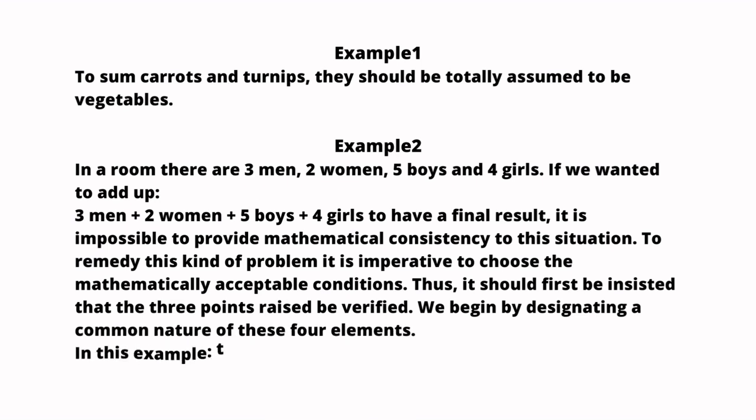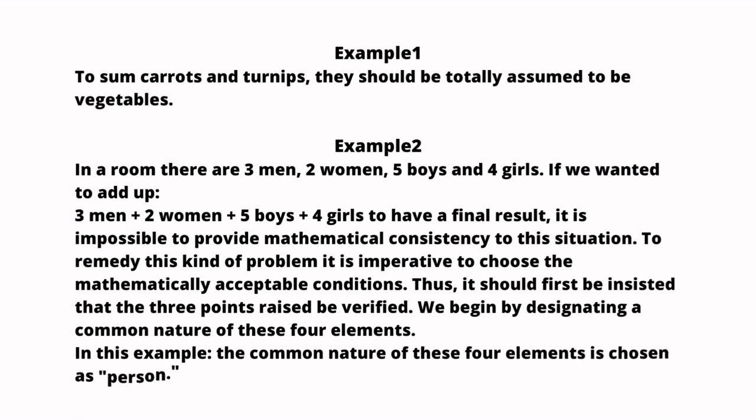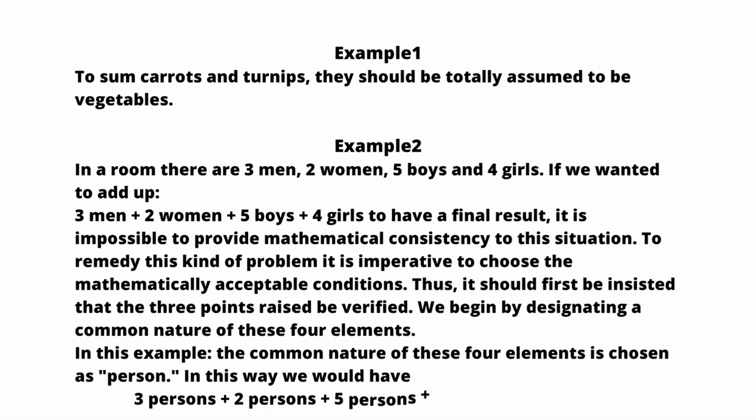To remedy this kind of problem, it is imperative to choose the mathematically acceptable conditions. Thus, it should first be insisted that the 3 points raised be verified. We begin by designating a common nature of these 4 elements.